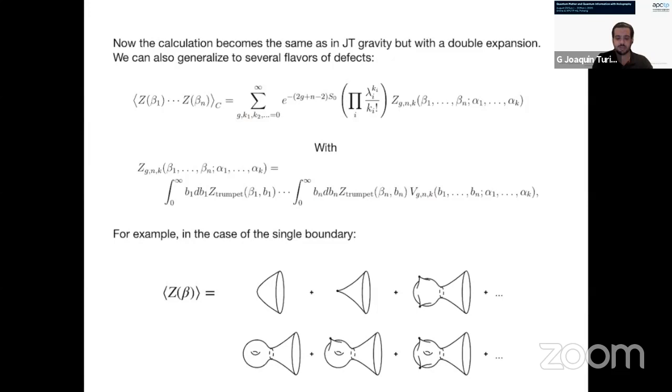And each contribution is, again, gluing trumpets to the Weil-Petersson volume with this number of defects. This is an example of the partition function with one boundary. And now this would be JT gravity, and we need to add one defect for all genus, two defects for all genus, etc.